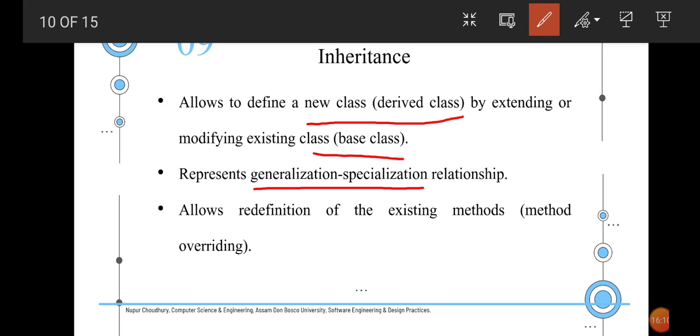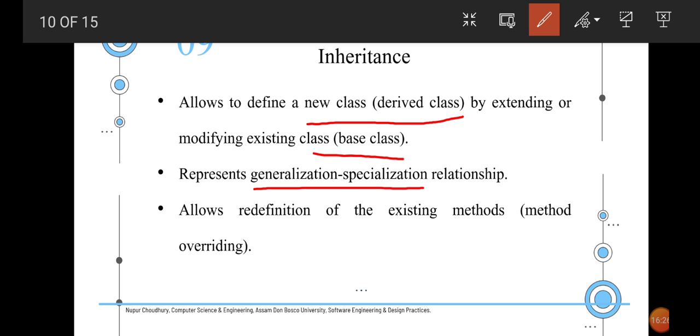The base class is in a generalization relationship, and the child or derived class is in a specialization relationship.